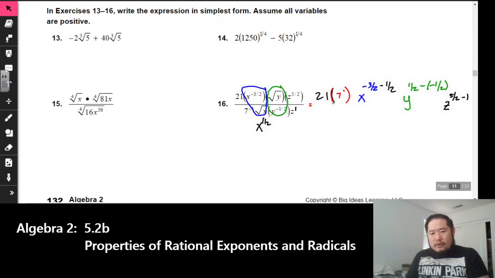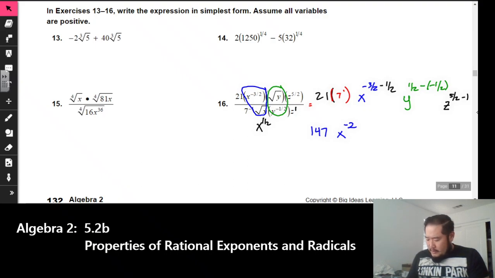We got 21 times 7. I've got 147 right here. Negative 3/2 minus 1/2. Luckily we have common denominators, and that looks like it's going to be negative 4 over 2, which will become negative 2 when we simplify.